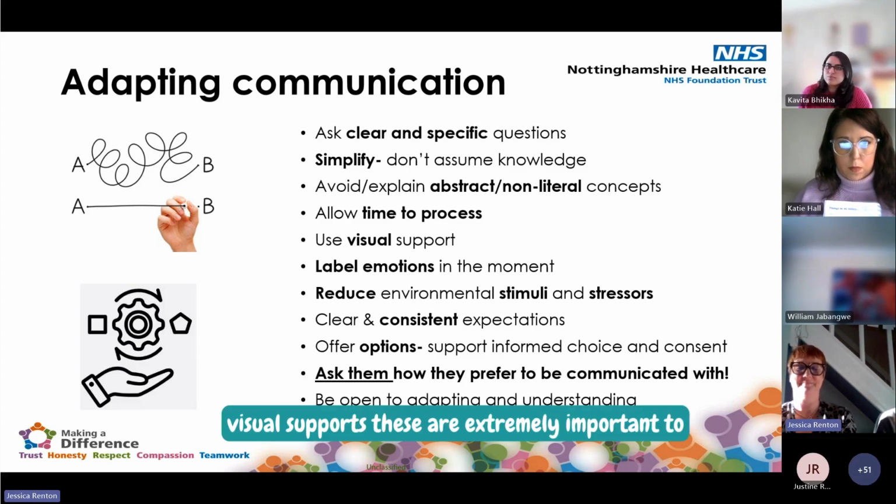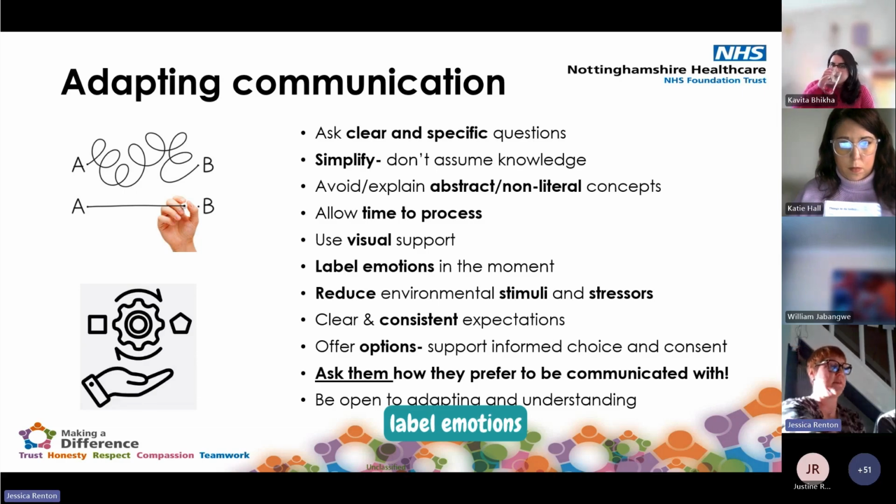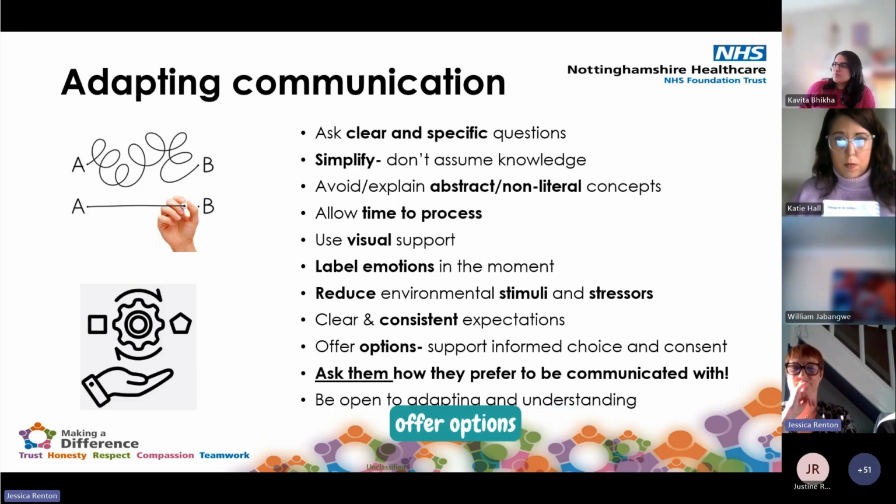Again, use visual supports. These are extremely important to go alongside speech and written information. Where are we? Emotions. Label emotions in the moment. Oh, I've gone past it, sorry. Reduce environment stimuli and stressors. Clear and consistent expectations.